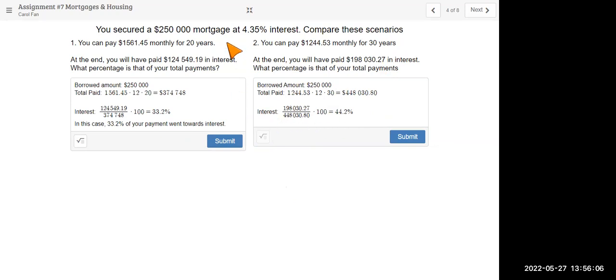So the same loan at the same interest rate, if you paid it off in 20 years, 33.2% went towards interest payments. On the other hand, if we waited to pay it off in 30 years, 44% of your payments went towards interest. So you end up paying quite a bit more.